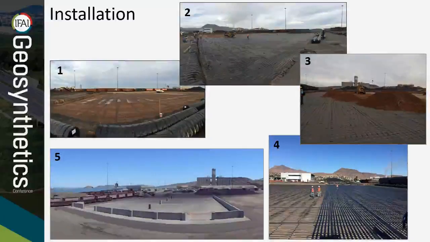Picture number 4 shows the second set of geogrids, so the repetition of steps number 2 and 3. And picture number 5 shows the storage area at the end with the concrete pavement and the foundations for the warehouse.